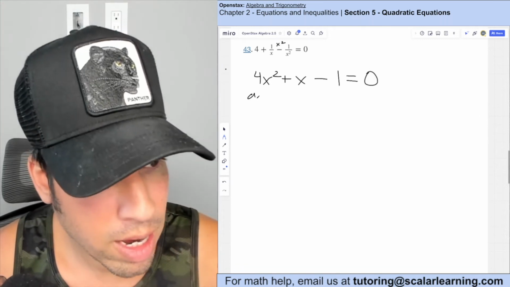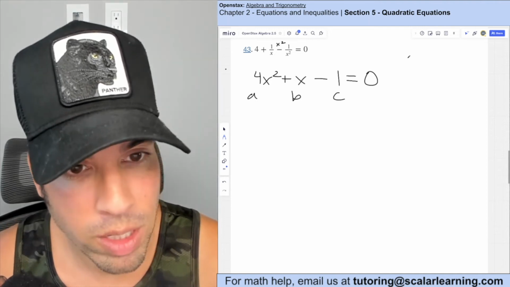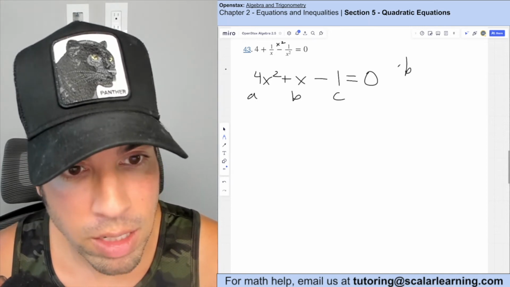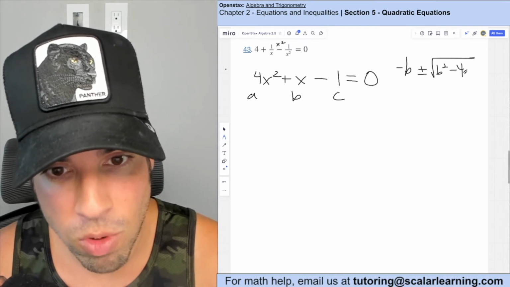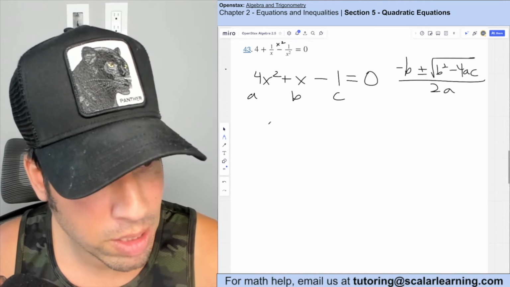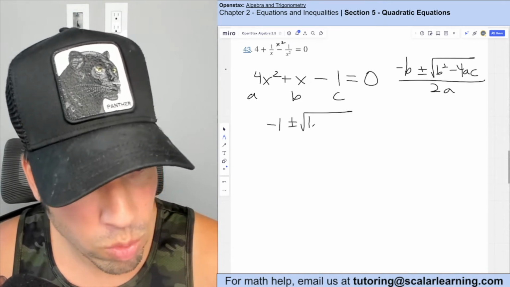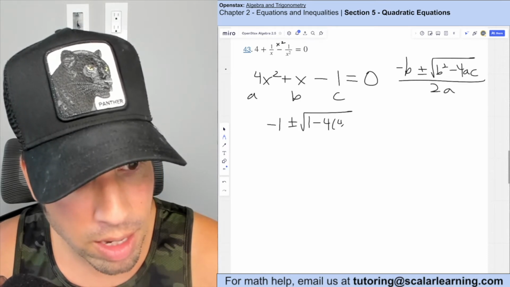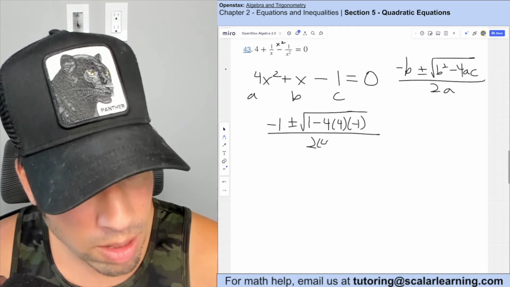So now we've got a, b of course is 1, invisible 1 there, and then c. So we got our quadratic formula: negative b plus or minus the square root of b squared minus 4ac, all over 2a. Let's go. Negative b is negative 1 plus or minus the square root of b squared. 1 squared is 1, minus 4ac, all over 2 times a.